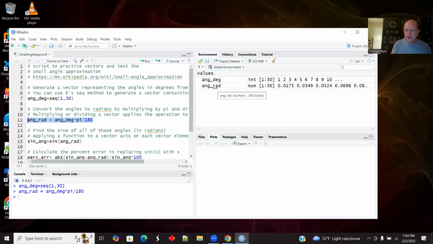But again, in older programming languages, you'd have to explicitly write a loop and go through every element and append an element to the new vector that you're making.